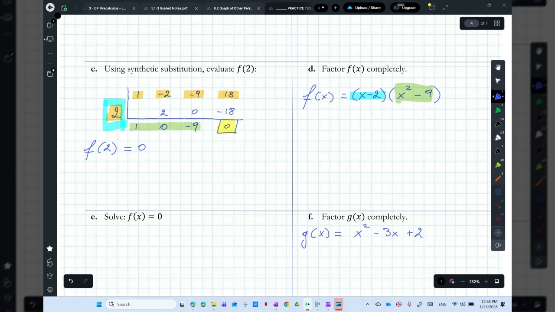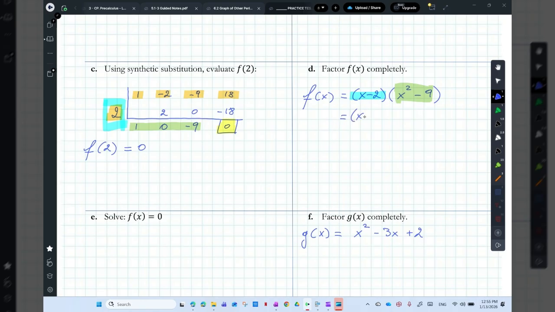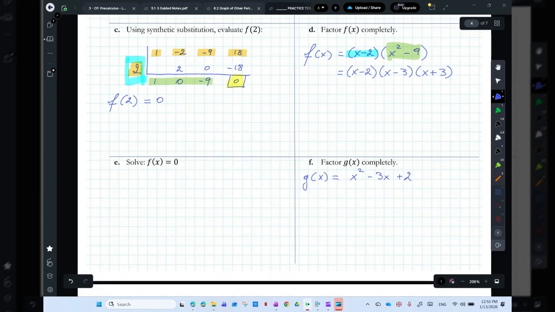But it says completely, I'm not done yet. X minus 2 times, I recognize in x squared minus 9 the difference of squares, so I'll have x minus 3 times x plus 3, which will make part E very easy.